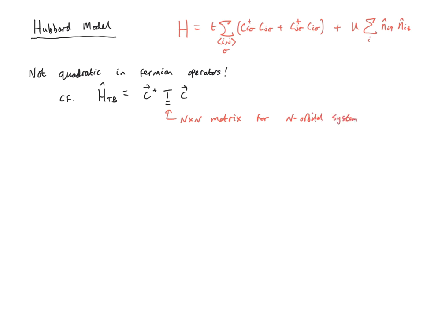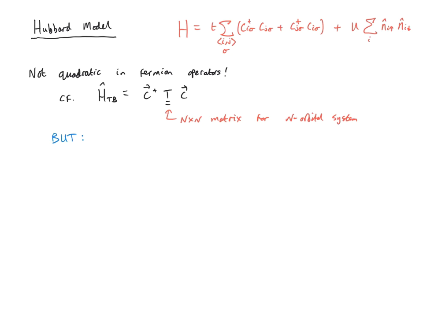And diagonalizing that is not so bad. And we can see it's an n by n matrix because if we have n orbitals in the system, then we have n creation and destruction operators, and therefore these vectors are of dimension n.